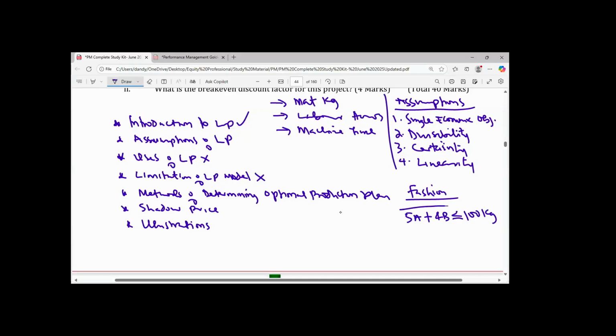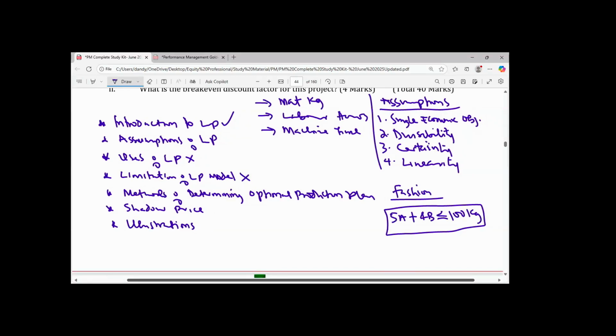When you express something like this, it's what we know as linearity. This is what we mean by linearity. Anything you express in this fashion is what is called linearity. So what we're now saying is that the relationship between the objective function and other factors of production must be stated in linear fashion.